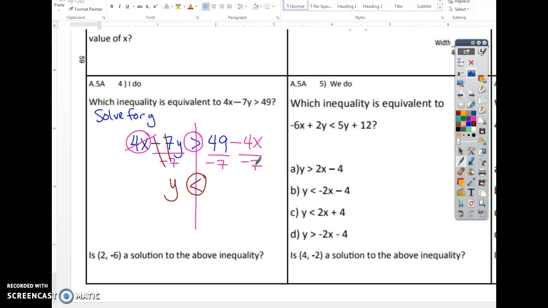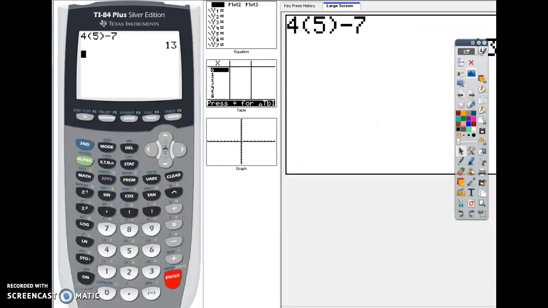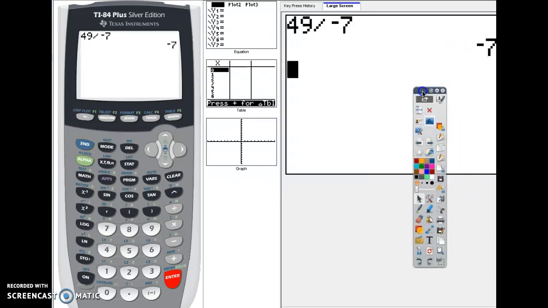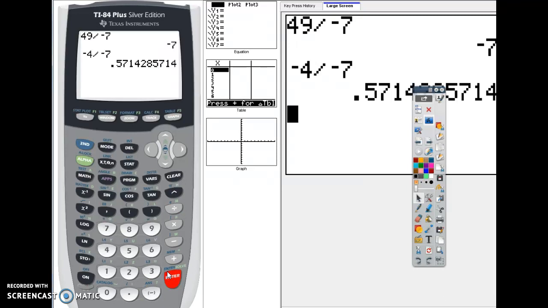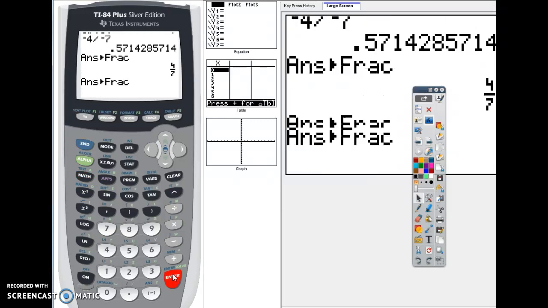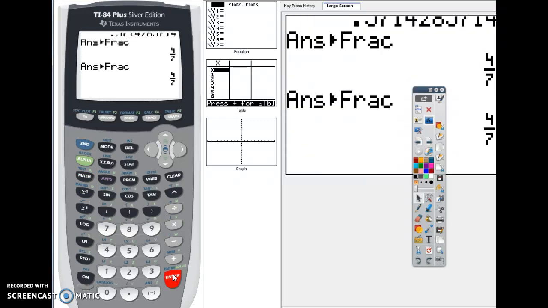Math, enter. 49 divided by negative 7 gives you a negative, but it's not a decimal. So negative 7 is good. And then negative 4 divided by negative 7, enter, gives you a decimal. Math, enter, gives you a fraction, which is a positive.